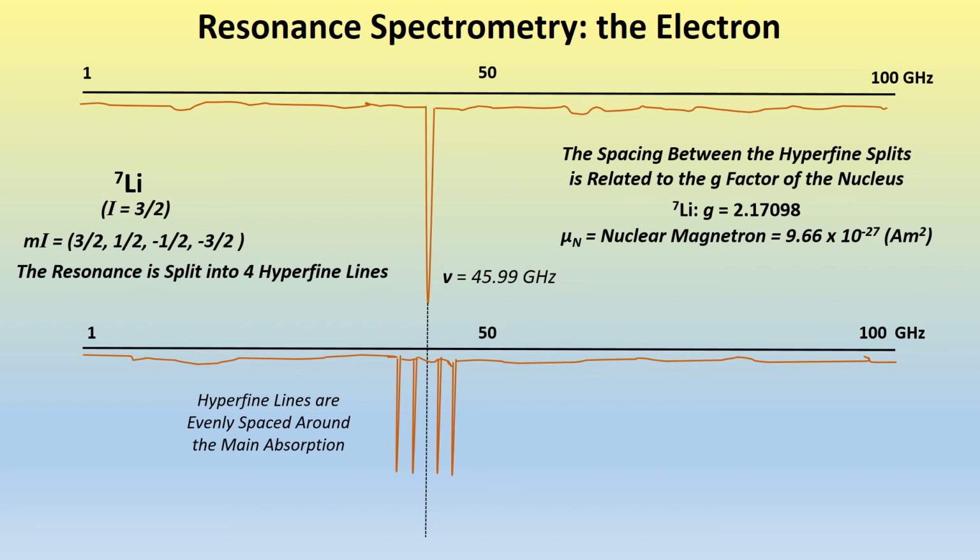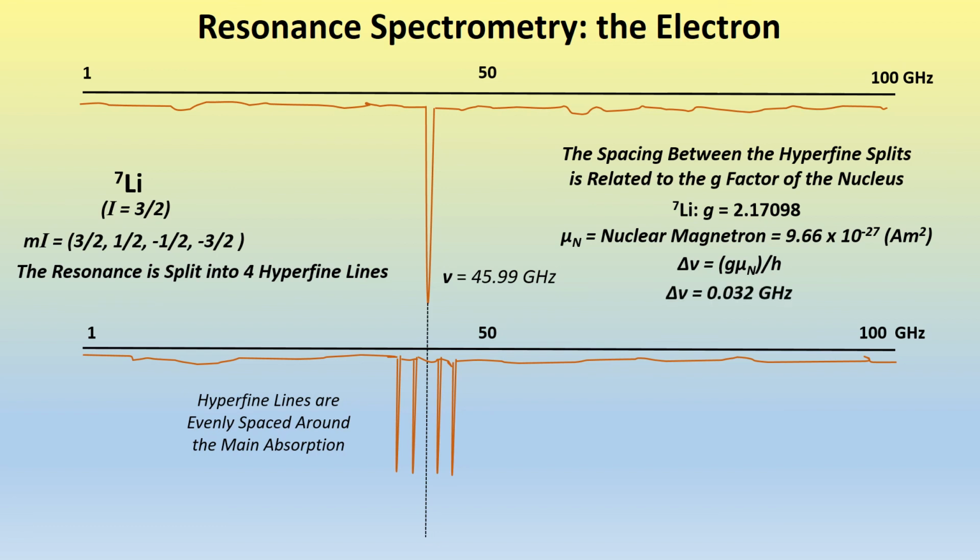As mentioned, this gives a frequency of G times mu sub n over h. With a smaller nuclear magneton, you have a frequency difference of only 0.032 gigahertz. Therefore, again, the spacing between each of the lines will be 0.032 gigahertz on either side of where the main absorption would be.